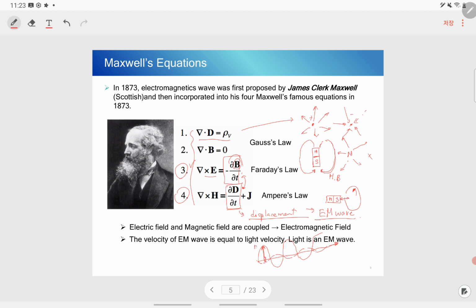E and H have a fixed ratio, which is the intrinsic impedance, about 377 ohms in air.